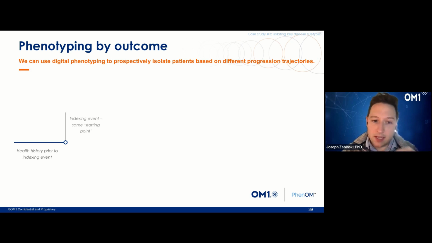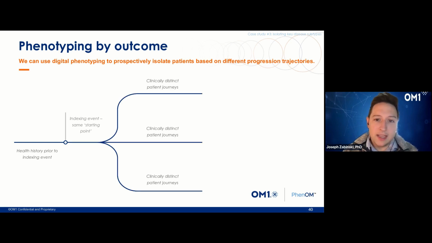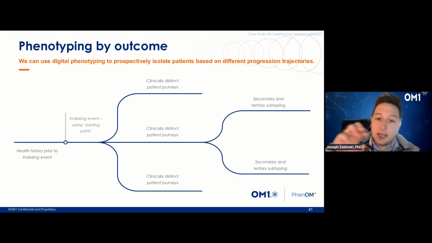Everybody is at the same point on the starting line when we've defined this index, but after that is when we start seeing some splitting into clinically distinct patient journeys, right? This is where one patient may progress faster than others, or one patient may evolve a certain subclass of symptoms that others don't experience, or whatever it may be. Again, can be anything, but there's just a notion of distinctness here. And then we can even get further down and split some of these journeys into secondary and tertiary subjourneys. And a lot of times, as I was describing in obesity, the complexity gets overwhelming here.